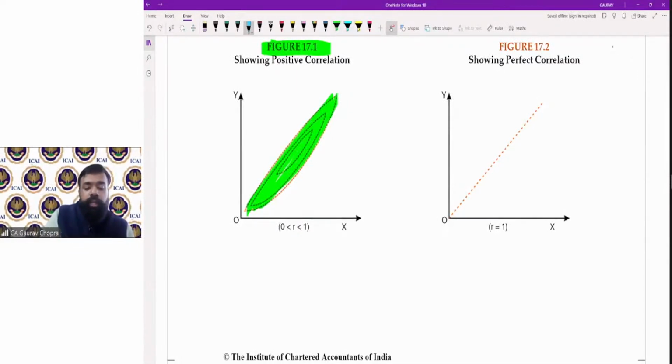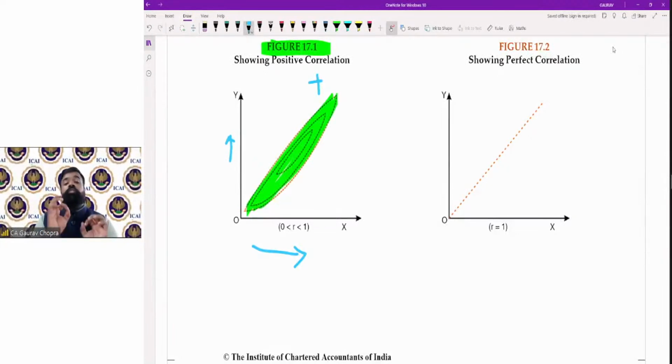If you see clearly, X is getting increased, Y is also getting increased. दोनों ही वेरिएबल की वैल्यू इंक्रीज हो रही है. So in such a case, we can say that the correlation will be positive.